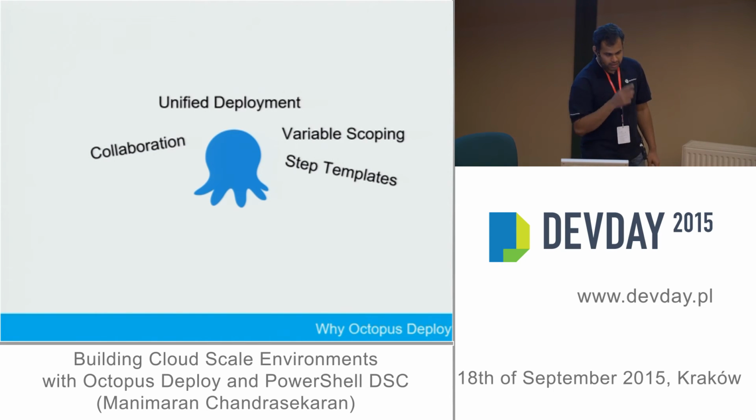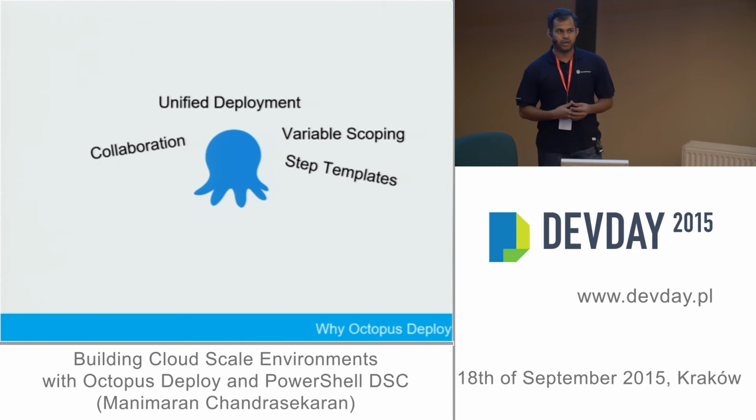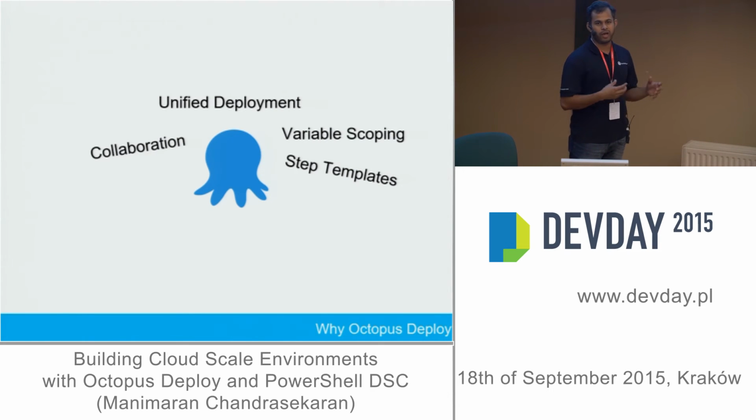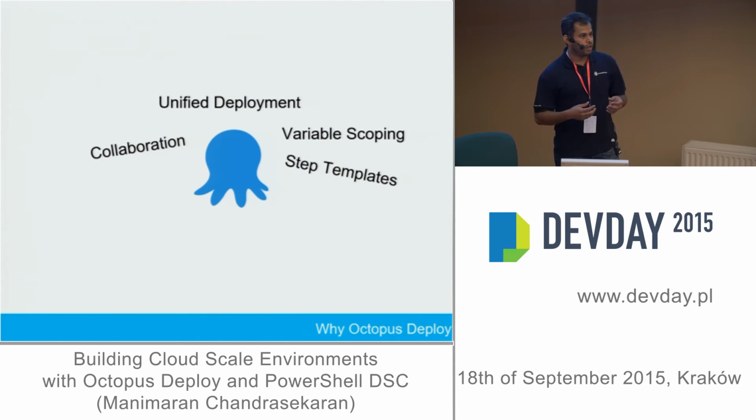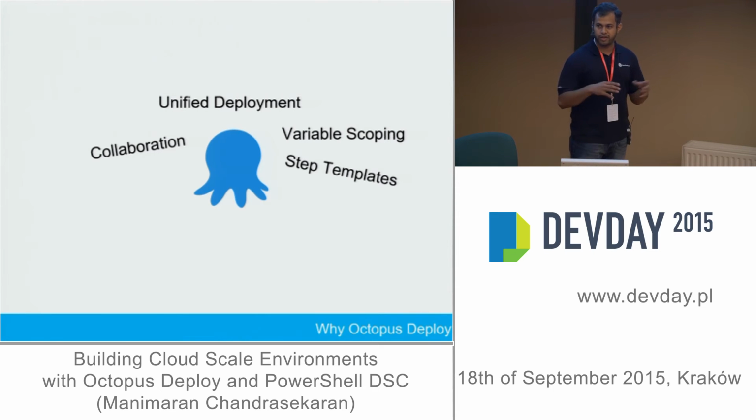And then collaboration. I think we talked quite a lot about collaboration, because when a person is doing a deployment or you have a change that needs to be implemented in a production environment, if you're dealing with change requests, emails, and different mediums of communication, the collaboration gets very difficult.